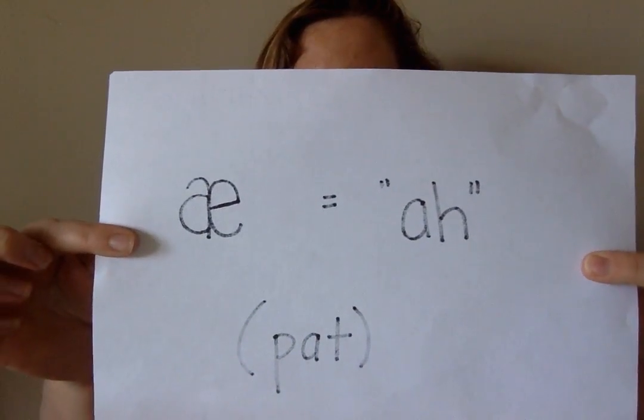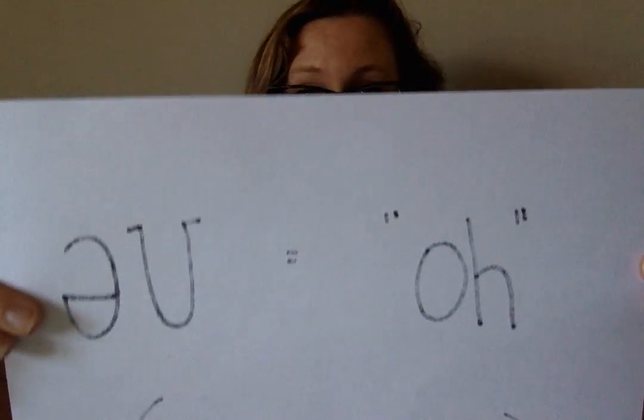Let me give you a few examples. In the word pat, the A sound is represented by this symbol. Pat. In the word go, the O sound is represented by this symbol.